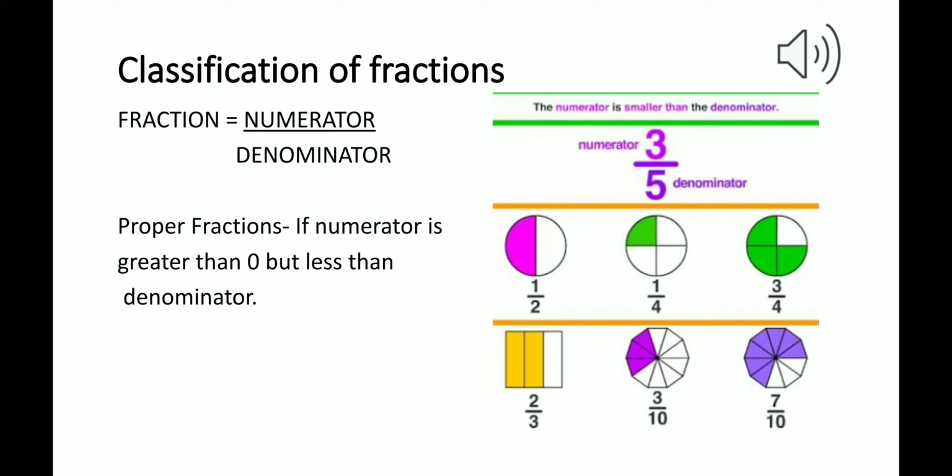The upper part of the number is known as the numerator and the lower part of the number is known as the denominator. You can remember it easily by D. D means denominator, D means down. So what will be there below? Down, that will be the denominator. So numerator above and denominator down.